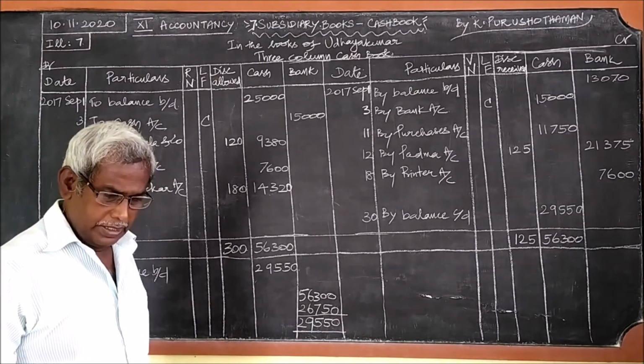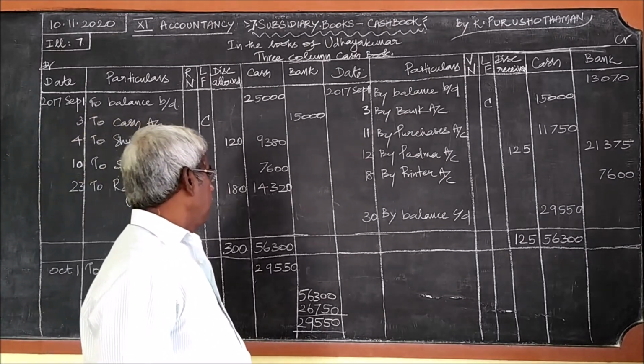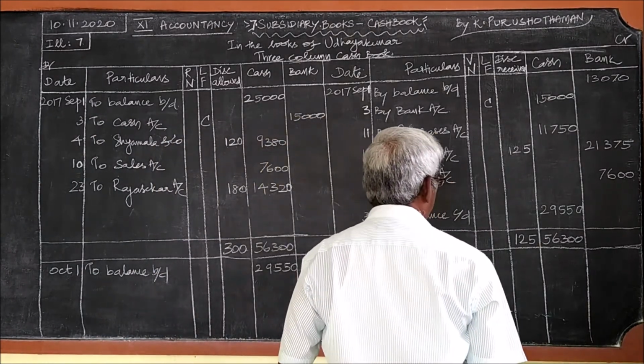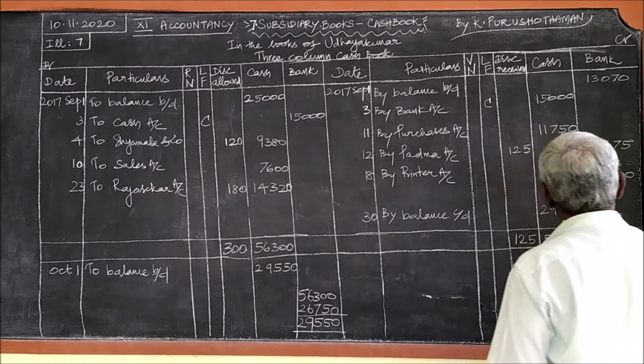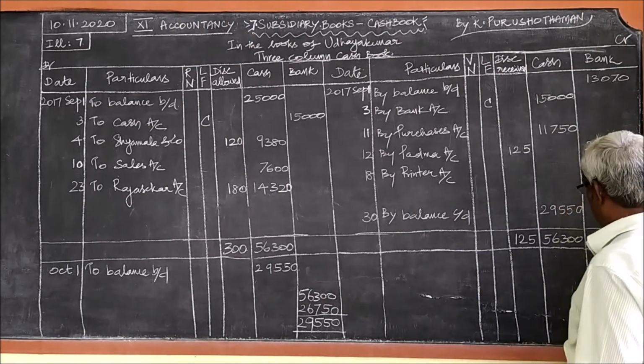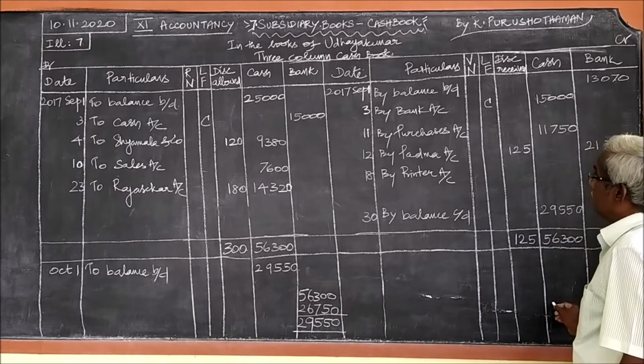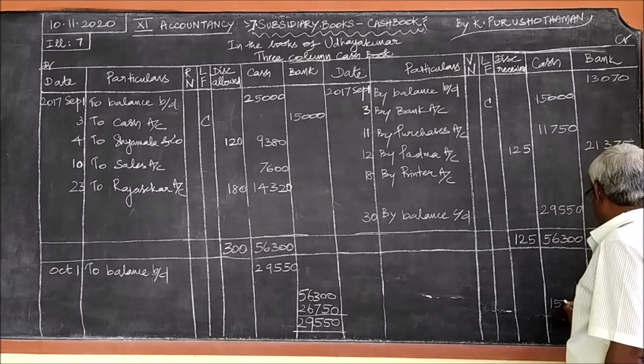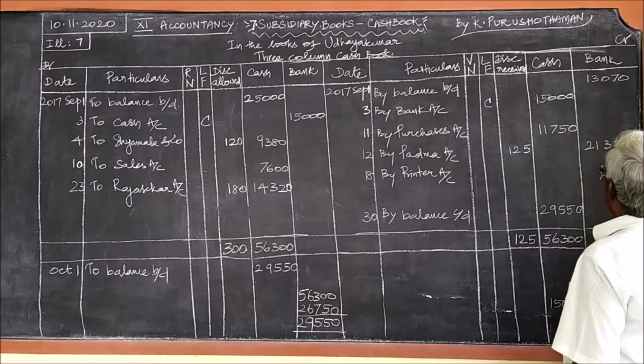Then next one, we should go to the bank column. See the bank column now. Under this, what is the debit side total? 15,000, only one entry in the bank column.